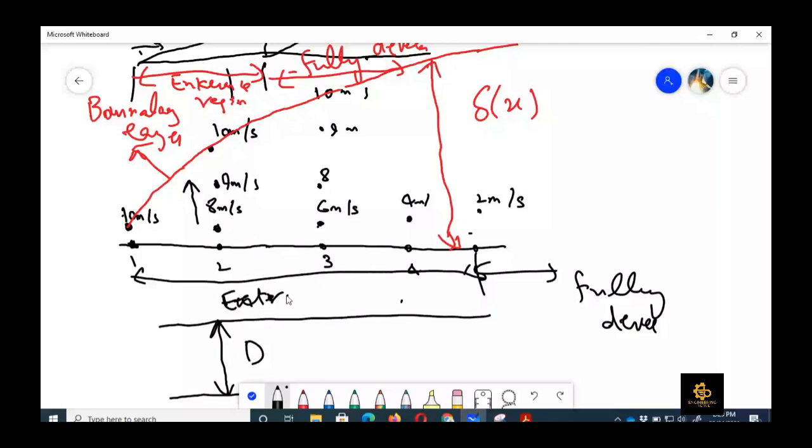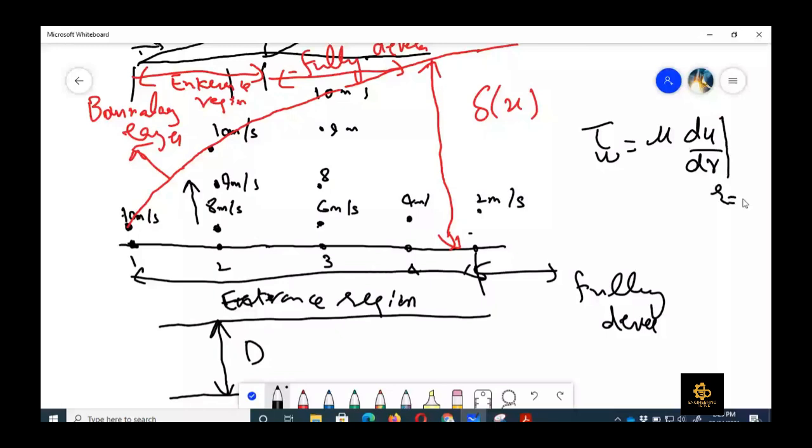Now if we calculate the wall shear stress in the entrance region, we know the formula tau omega is equal to mu into du upon dr. Dr or dy, if we are talking about a simple flat plate. We know du/dr at r equal to capital R is at the pipe surface.